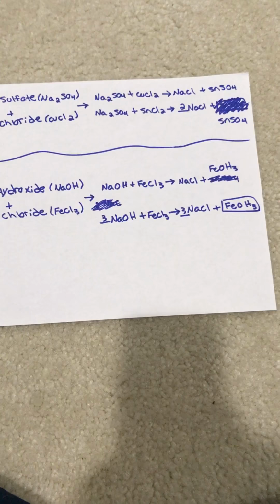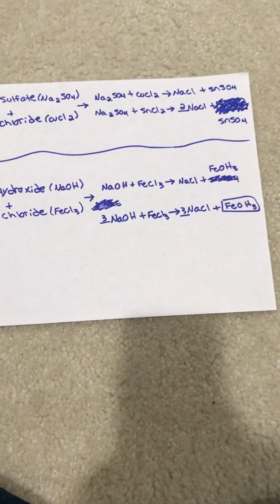So in the first reaction, we have sodium iodide and cobalt chloride. When you add them together, the reaction reads NaI plus CoCl2, and that yields NaCl, salt, plus cobalt iodide.